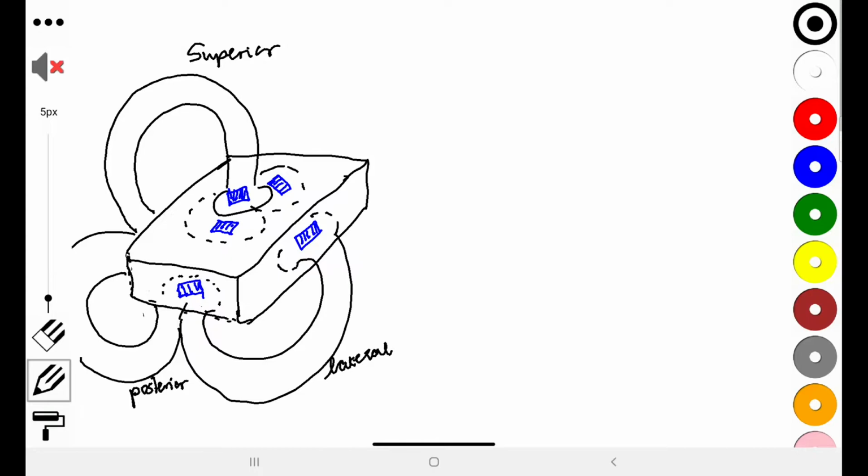So then we're talking about the vestibular nuclei, which are primarily concerned with maintaining the position of the head when in space. And the tracts that descend from these nuclei mediate mostly head on neck and head on body adjustments.